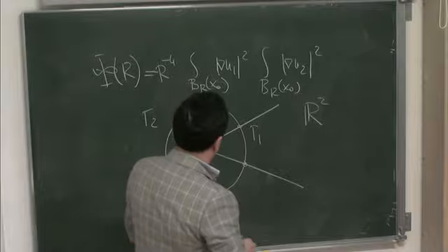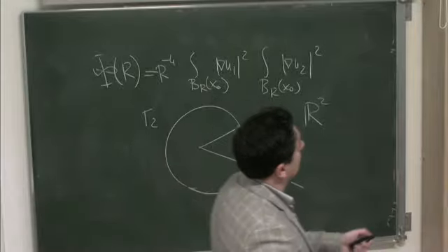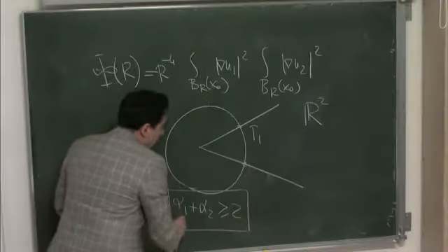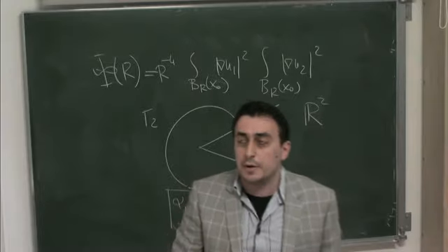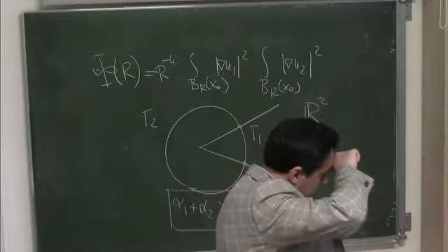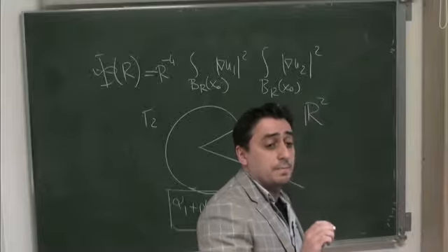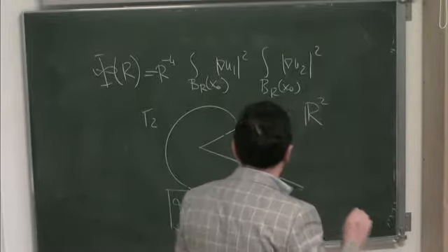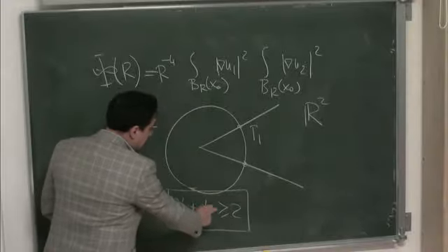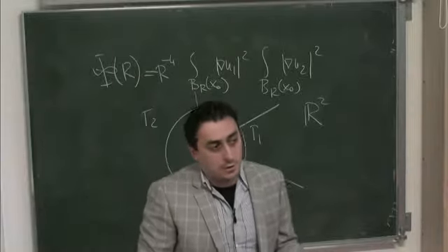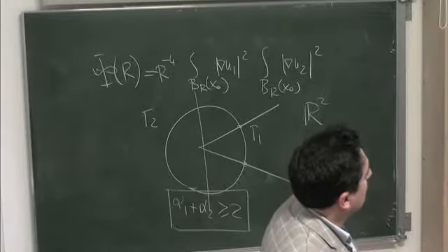The fact that this has non-negative derivative is equivalent to showing that alpha 1 plus alpha 2 is bigger than or equal to 2, and these alpha 1 and alpha 2 are, I guess, exactly the smallest eigenvalues of the Laplace-Beltrami operator. In fact, you can see that this is exactly 2 if you have half circles. All right, so this is the meaning of this monotonicity formula.